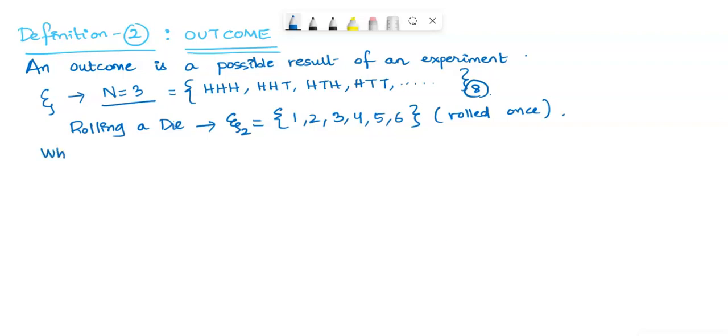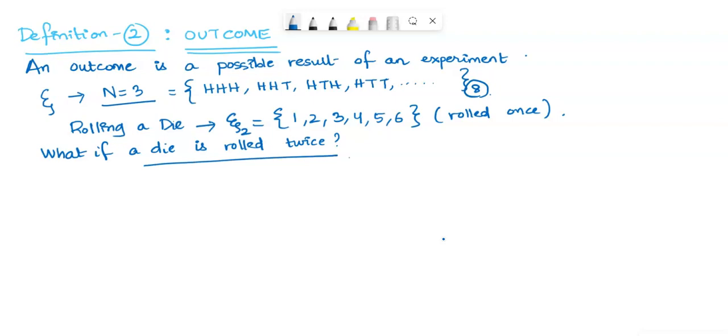What if a die is rolled twice? What's the outcome?